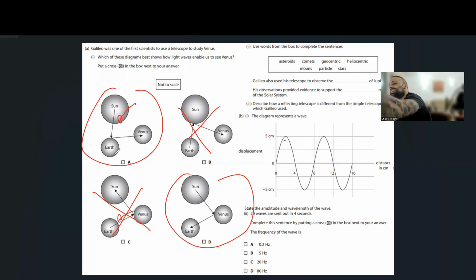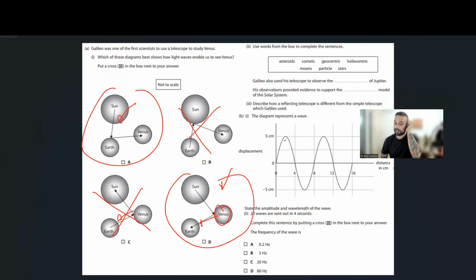For you to see this red bone, the white light is coming to it, and the red part is getting reflected into your eyes. That is how you see red. You see the color blue by the blue light coming towards your eyes. So for us to see Venus, the light from Venus needs to come to our eyes. So that is the only answer.